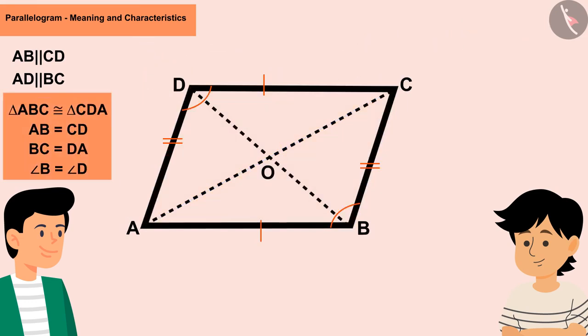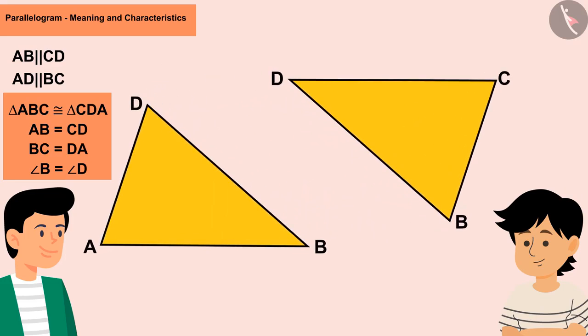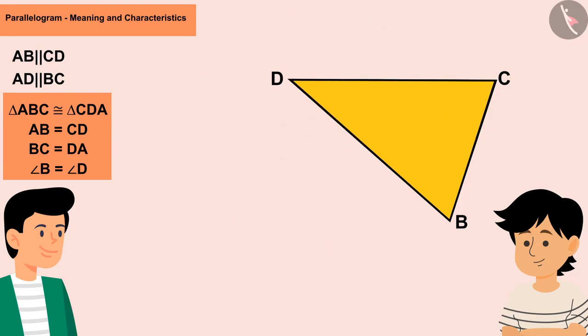And if we cut this quadrilateral with respect to the diagonal BD, we get 2 triangles ABD and BCD. By placing one triangle on top of another, you can see that triangle ABD completely covers triangle BCD.